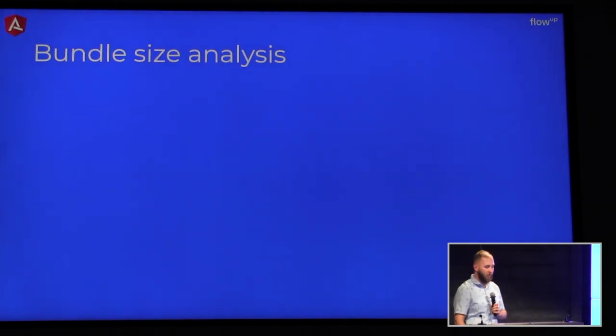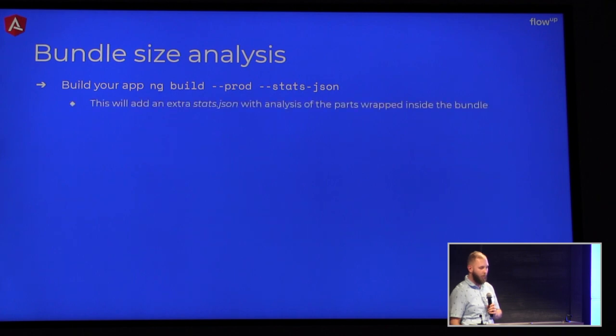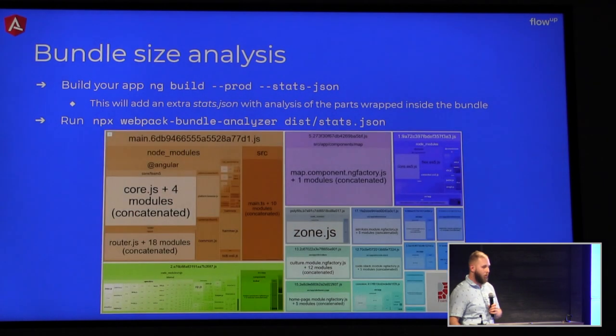Bundle size analysis. How should you analyze your bundles? It's an easy way. You just build with the stats.json flag, and it will create an extra file. You then provide this file to a web-based bundle analyzer, and you will end up with something like this. I think you've already seen it. It's a really nice way to analyze it. You can zoom in, you can see all the stuff.